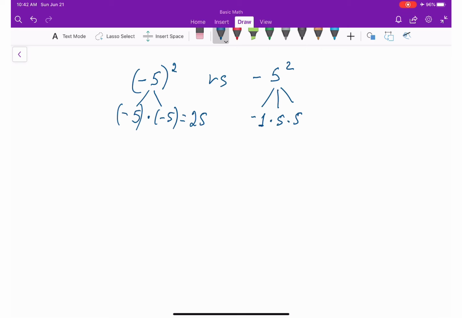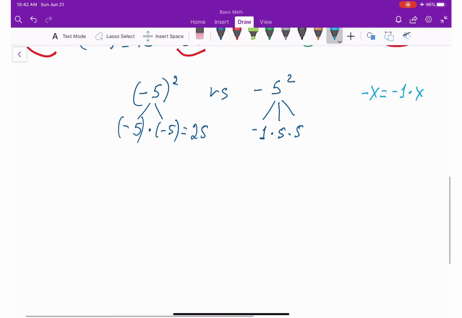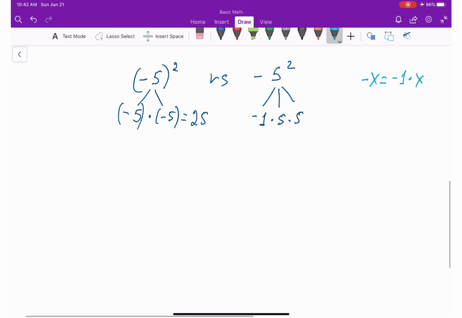So every time you have, in general format, negative x, that's the same thing as negative 1 times x. And if we have negative x squared, it's going to be negative 1 times x squared.